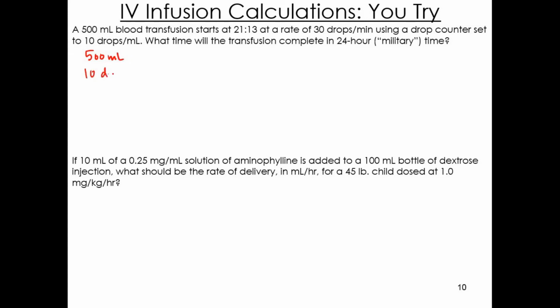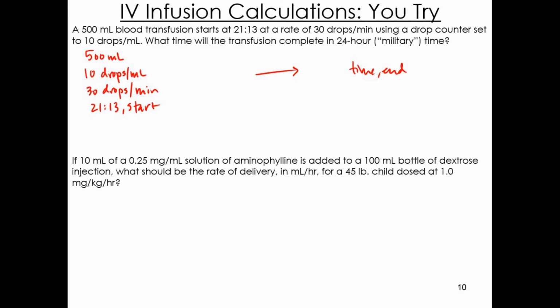There's 10 drops per every mil. 30 drops are delivered every minute. And we know we have a start time of 21:13. And what we want to find is the time at the end.